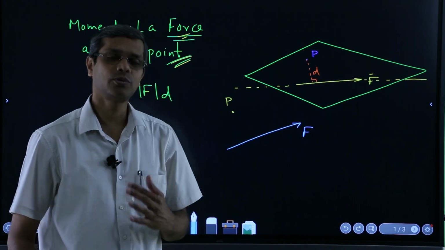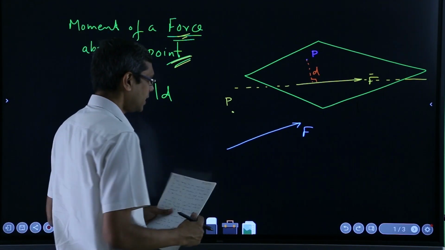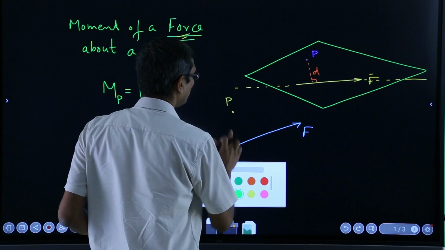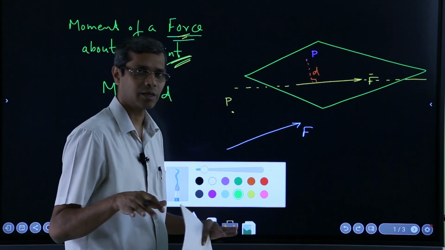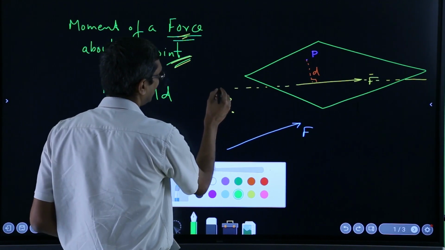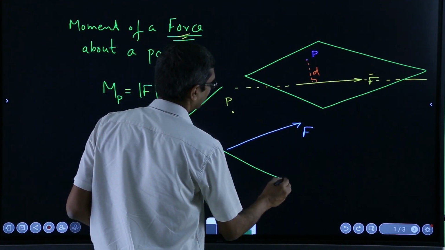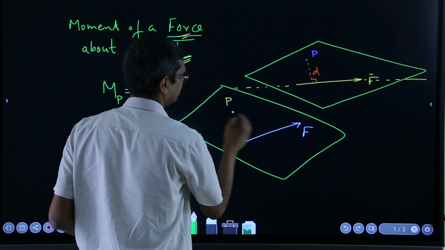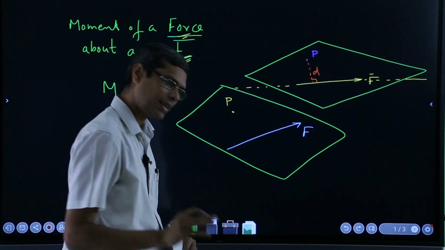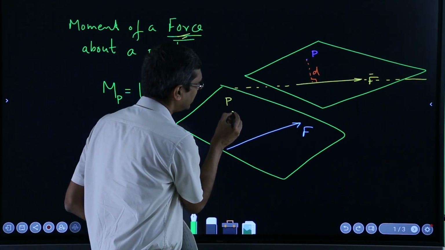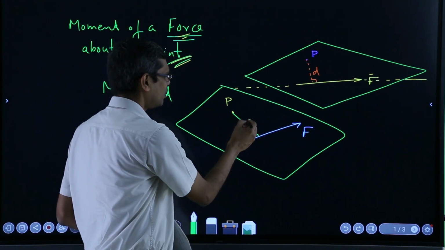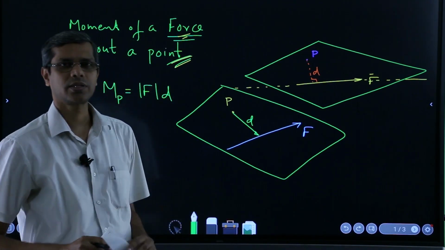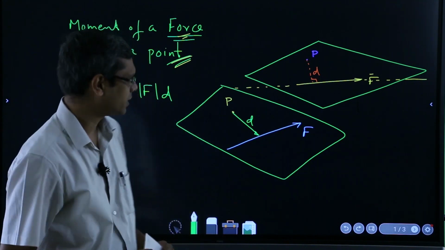Then you have to imagine a plane that contains both of these, because a line and a point will constitute a single plane, and then on that plane you have to find out the shortest distance d.